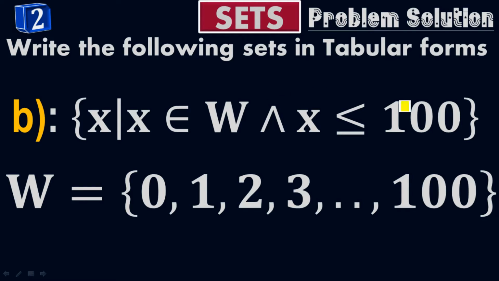If you look carefully at this description, x belongs to whole numbers and x is less than or equal to 100, which means we start with 0: 0, 1, 2, 3 up to 100, including 100 because the bar means equal to. So x equals 100 or less than 100, like 99, 98, 97, 96 down to 0. These are all the values which are lesser than 100. So we started with 0 and ended at 100, which is the tabular form of B.